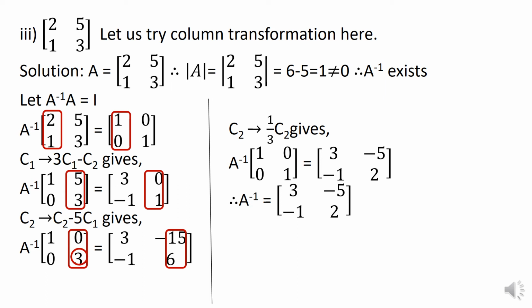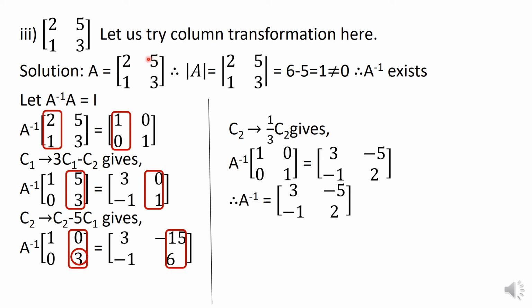Now let me point out something to you. When we do column transformation, remember that first we transform the first element into 1. When we are doing row transformation, we go this way and convert this into 0. In column transformation, we come horizontally.